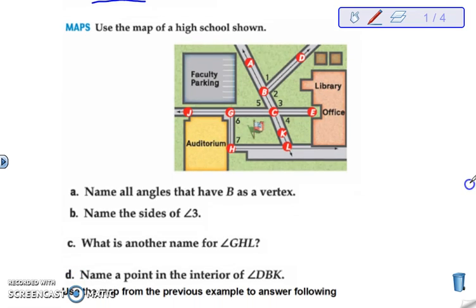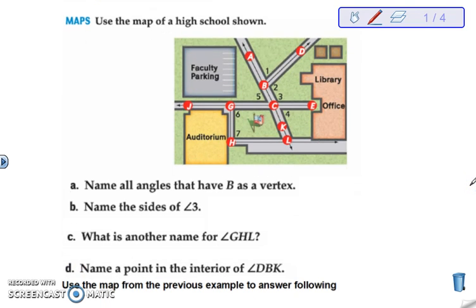So when we are naming angles, we have to pick 3 points, or they'll give us a number that's right next to the vertex. Either way, we can use either setup to name the angles. So for this first question, where it says name all the angles that have B as a vertex, what I'm probably going to want to do is find point B, and then try to draw out my angles.